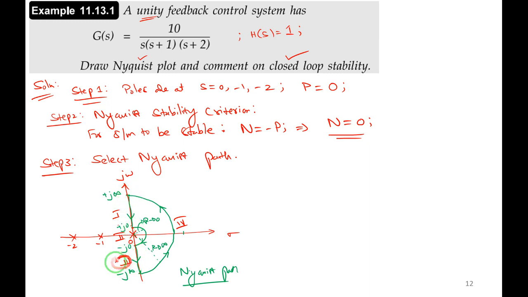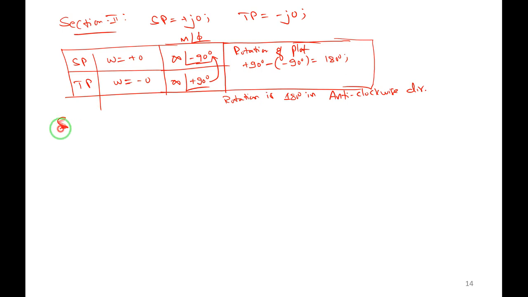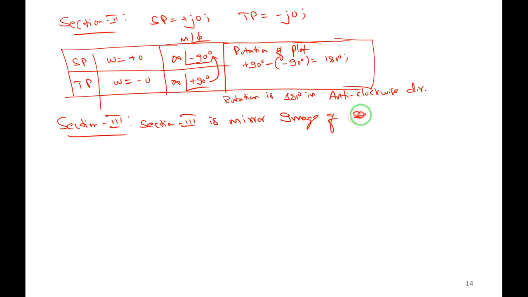I will not draw the polar plot for section 3 because section 3 is the mirror image of section 1. So I will just write here: section 3 is the mirror image of section 1.